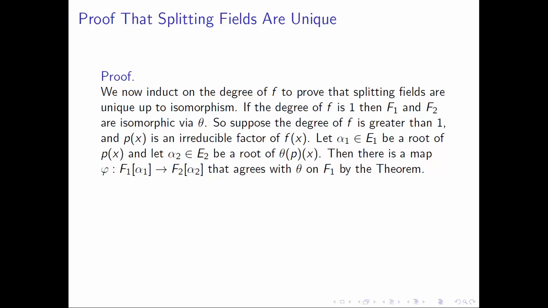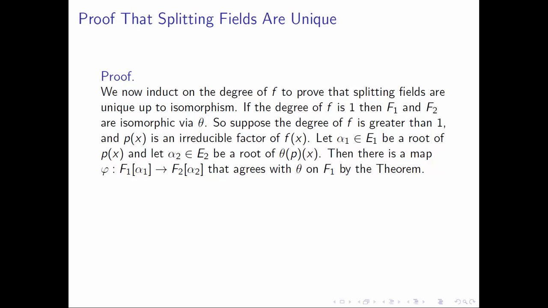So our base case is we're going to assume that the degree of the polynomial is 1. In that case, we're looking at a linear polynomial, and we have seen previously that that means that the root of the polynomial lies in the ground field that we're looking at.